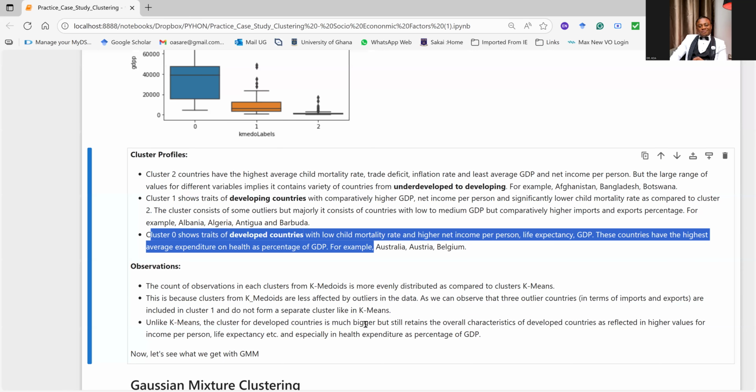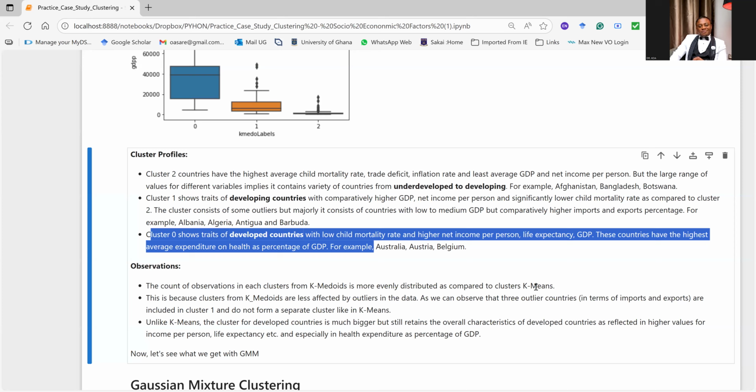The count of observations in each cluster from the K-medoids method is more evenly distributed compared to the clusters in the K-means. This is because K-medoids is less affected by outliers, and K-means is more affected by outliers.